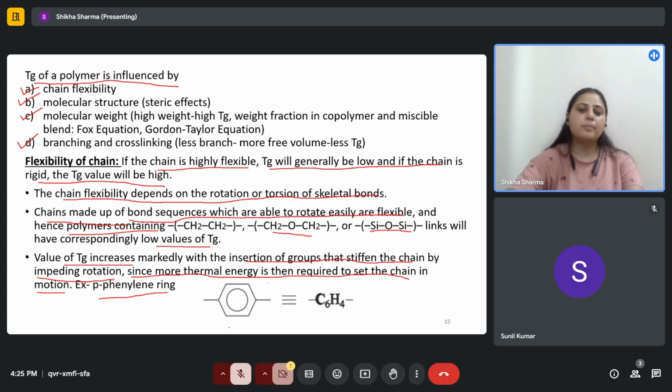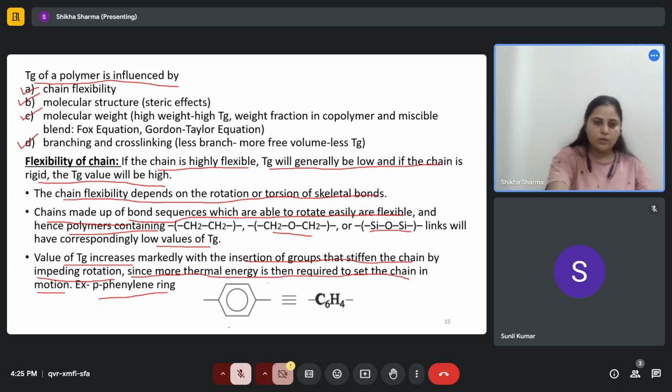So when there is a bulky or stiff group in the chain, the rotation will be restricted, so it will require more thermal energy for the chain to be in motion. Whereas if there is a flexible group, it will rotate easily, so it will require less temperature. So the value of the Tg will be low for setting the chain into motion, right?